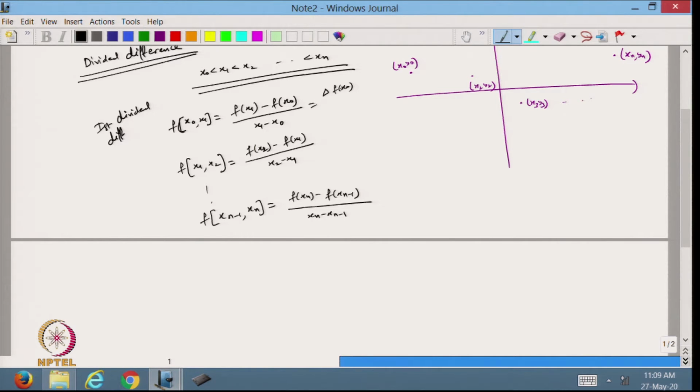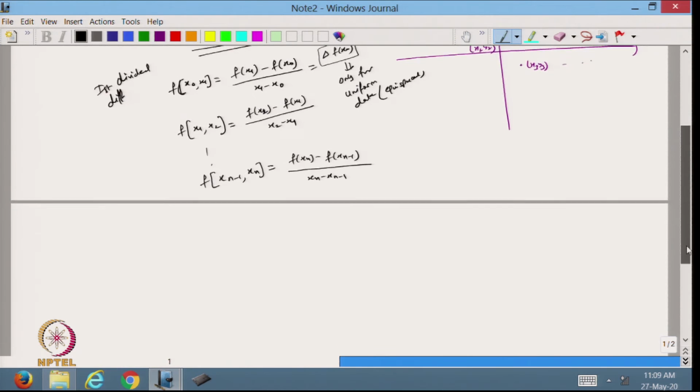So it is similar to that one, the only thing is that this was defined for uniformly spaced nodal points, while this is for any points, it may be uniform or non-uniform. So that was only for uniform data, that is equispaced. So this is the first divided difference we have discussed.